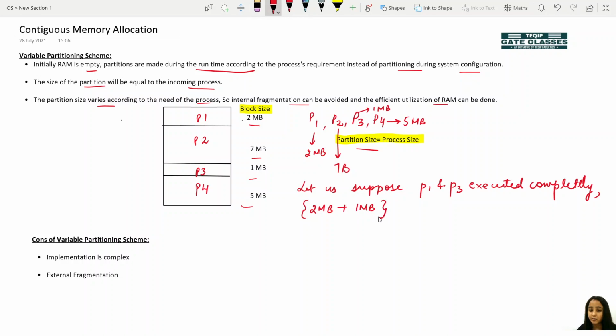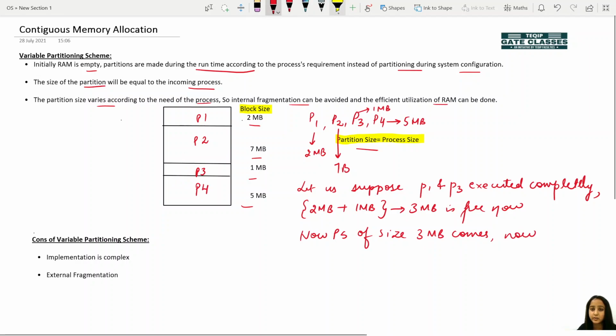So a total of 3 MB is free now. Suppose now P5 of size 3 MB comes. Which space is free? This is free and this is free.